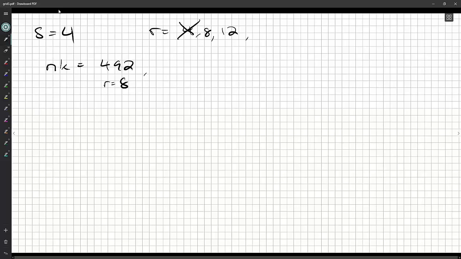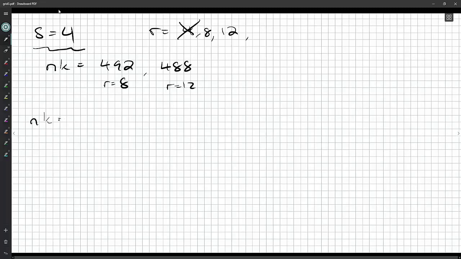Or it could be 488, and that's if R is 12. Okay. And remember, whatever N I get when I divide it by R needs to leave a remainder of S. So that's important to know as well.